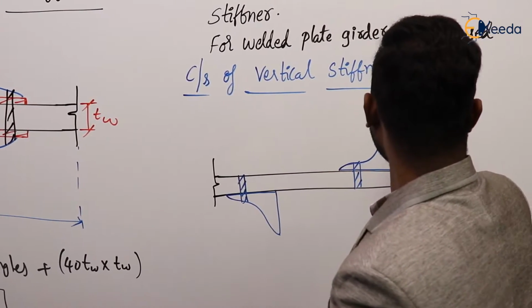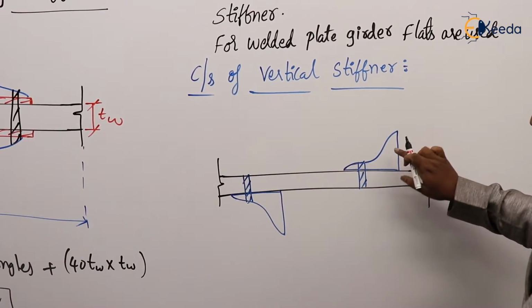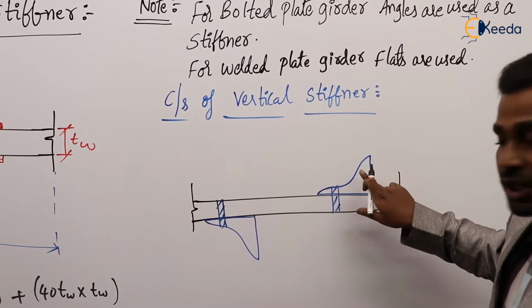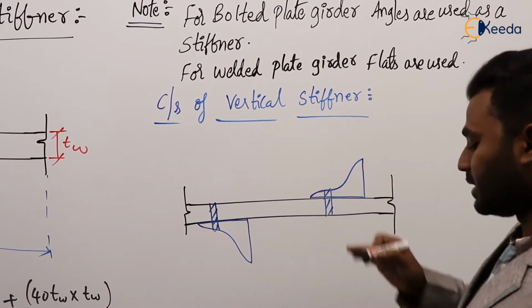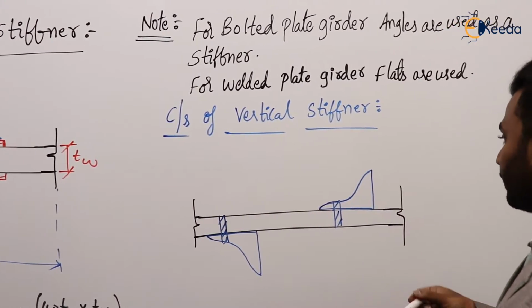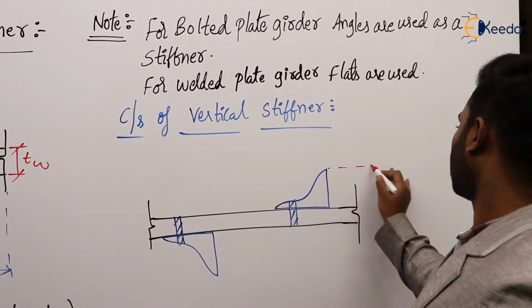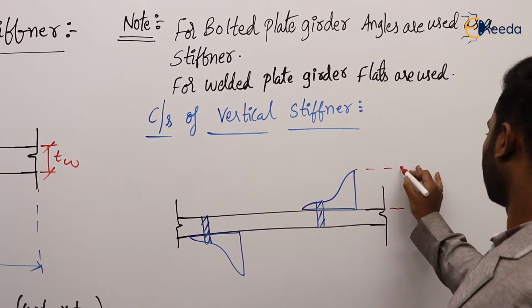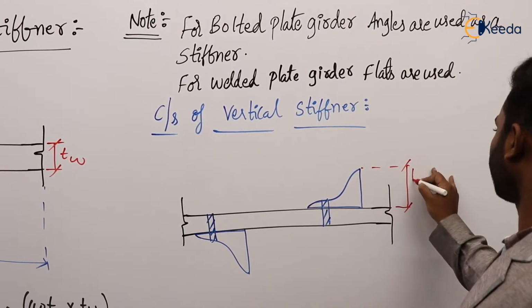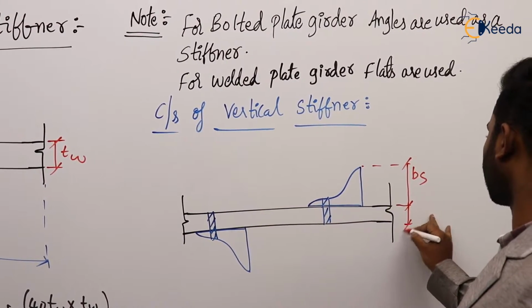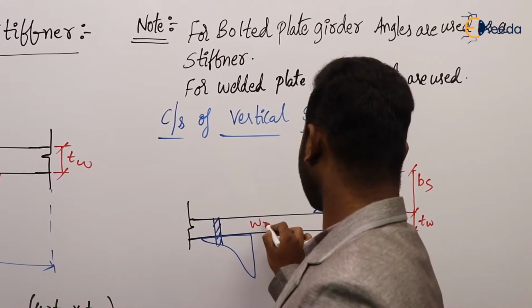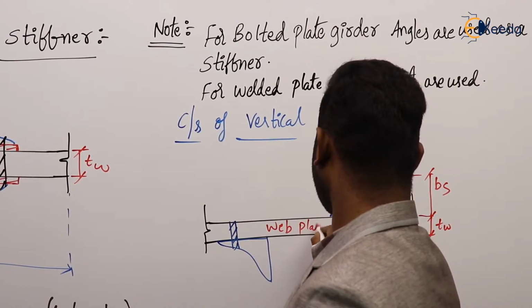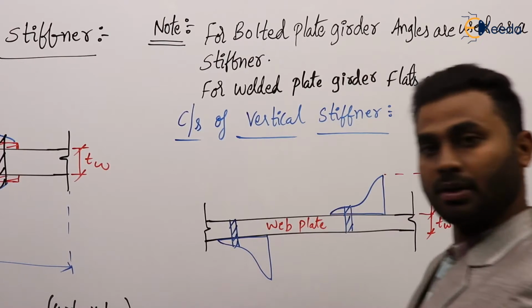And we know that this is the width of the outstand. We know that this is an angle. Angle will have two legs, one is the outstand leg and another is the connected leg. In this case, this is the width of the outstand, so we represent it with BS. And we know that this is the thickness of the web, TW. So this is the web plate. Agree?